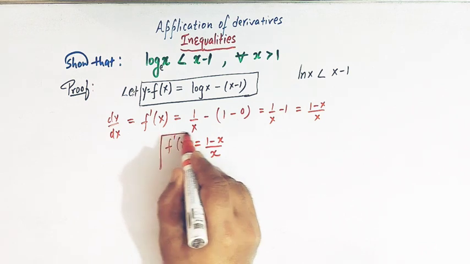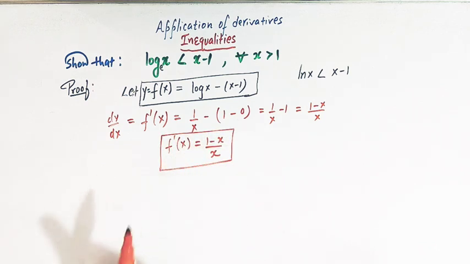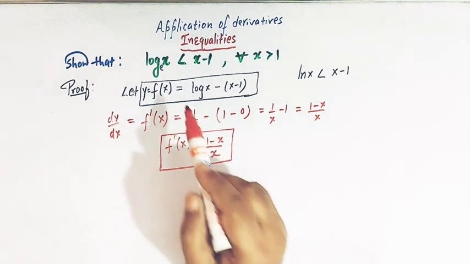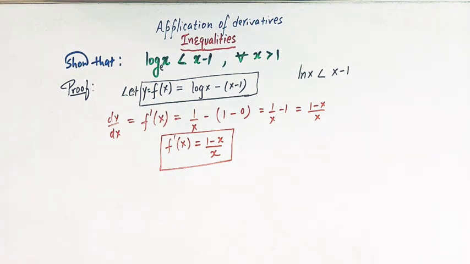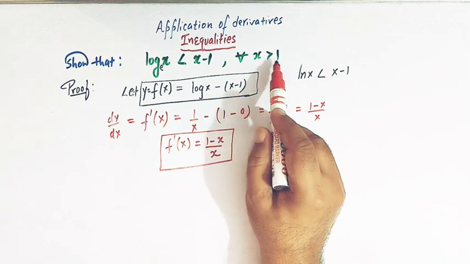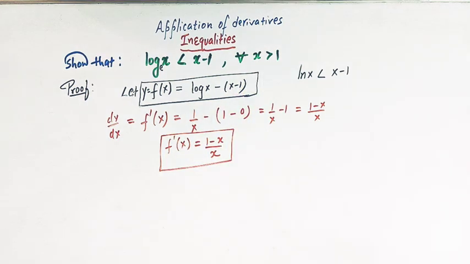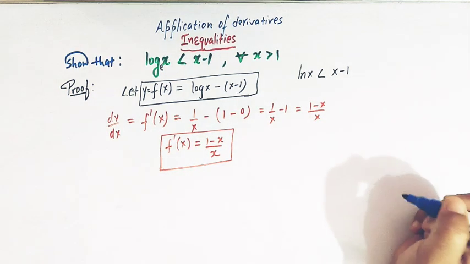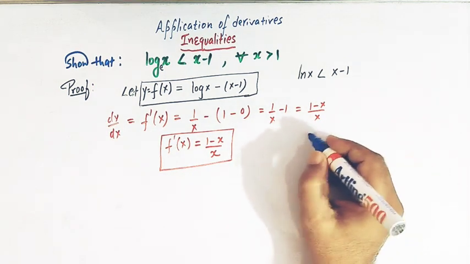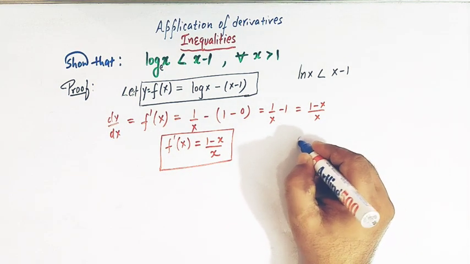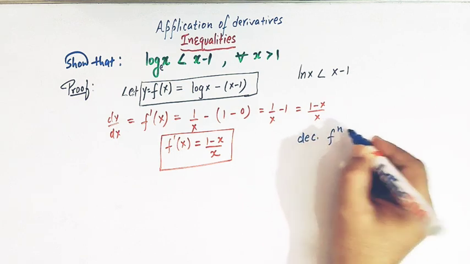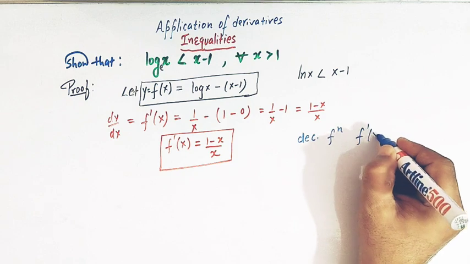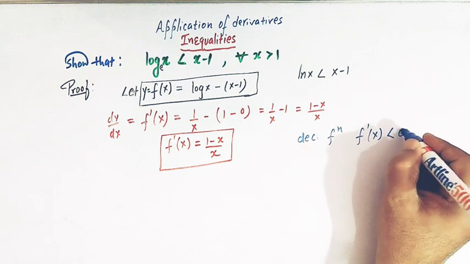Now we'll use this derivative to show that this function f of x is a decreasing function when x is greater than 1. Now, from the concept of increasing and decreasing functions, we know that a function f of x is said to be a decreasing function if the derivative is less than 0, right?